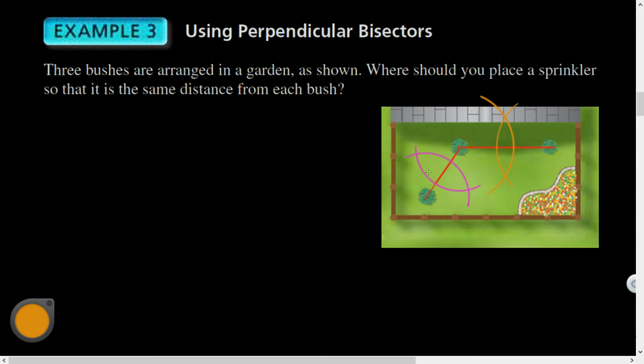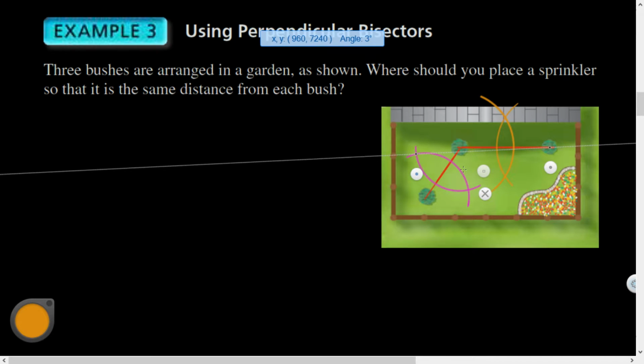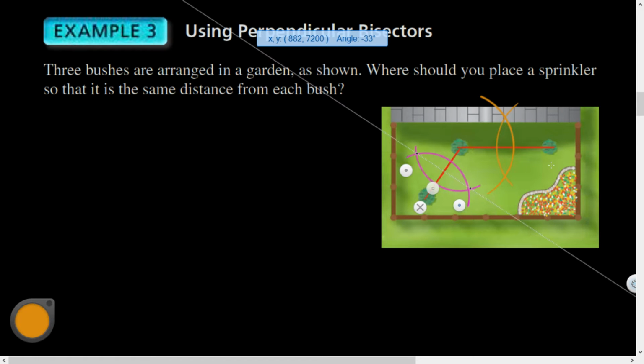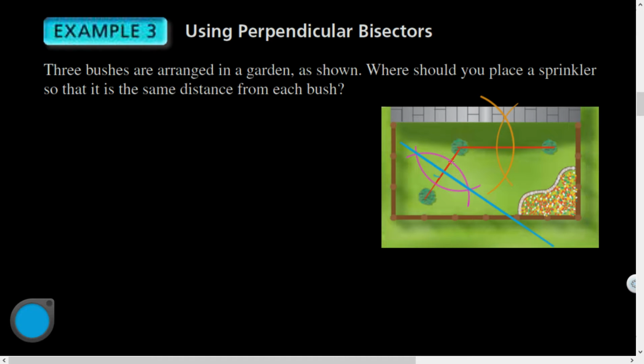Now, if a chord is a perpendicular bisector of another chord, what is that first chord that I mentioned? All right, this blue chord is a perpendicular bisector of the red chord, and therefore this blue chord will pass through the diameter of the circle.